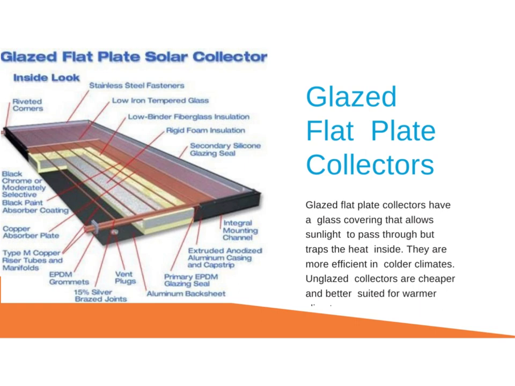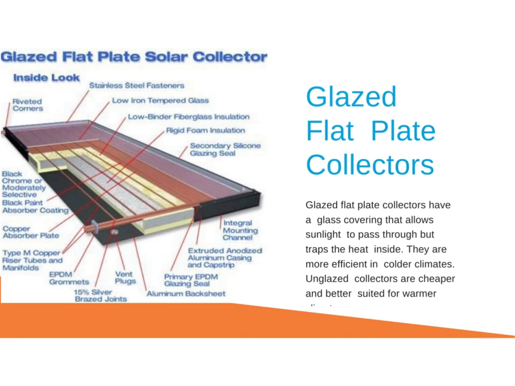As you can see in the diagram, here are the labels of the glazed flat plate solar collector. Here we have the riveted corners, black chrome, then the copper absorber plate, type M copper riser tubes and manifolds, EPDM grommets.